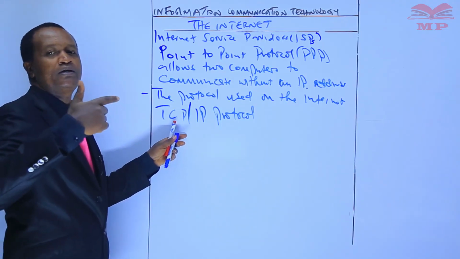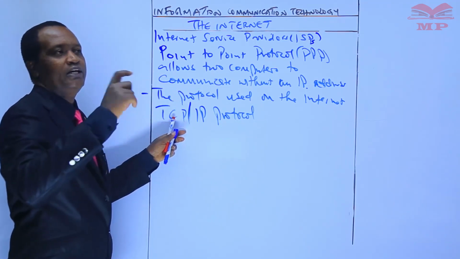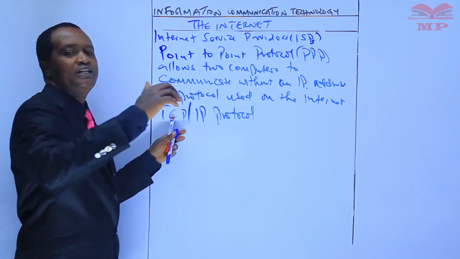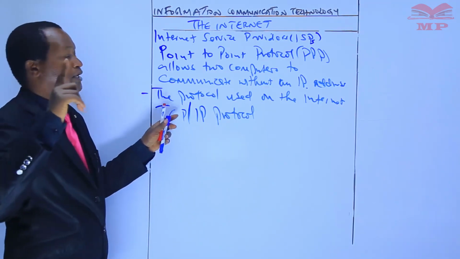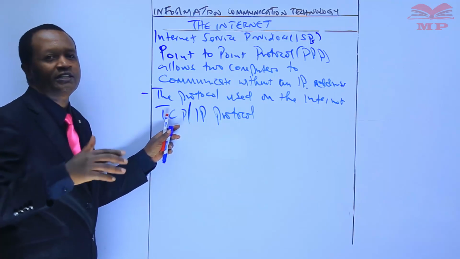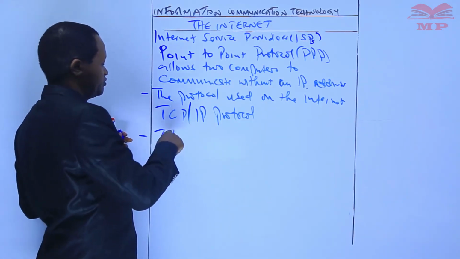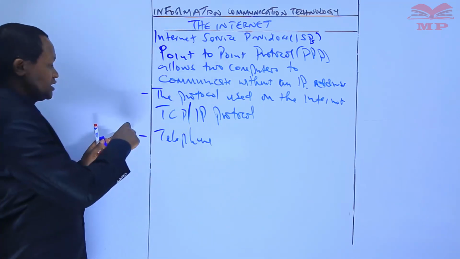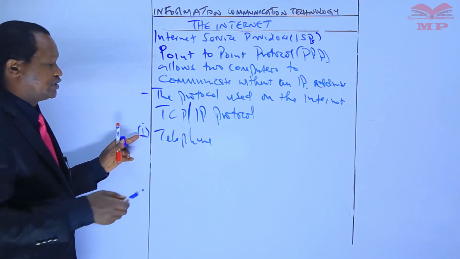So communication between a user and a service provider is established according to the PPP protocol, which is characterized by, number one, a telephone. Then it's also characterized by verification of username.